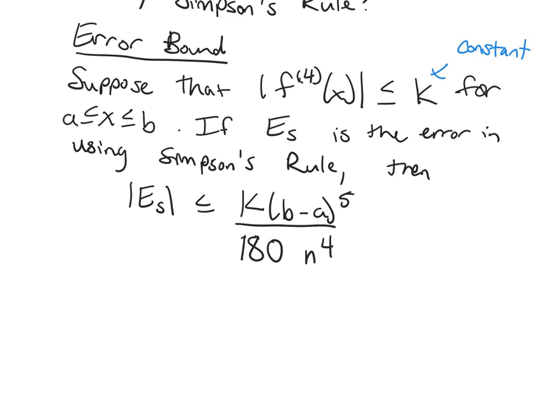And the reason why we care about this error bound is because we want to be within a certain margin of error. We did a problem involving that, and so let's do one for Simpson's rule as well.